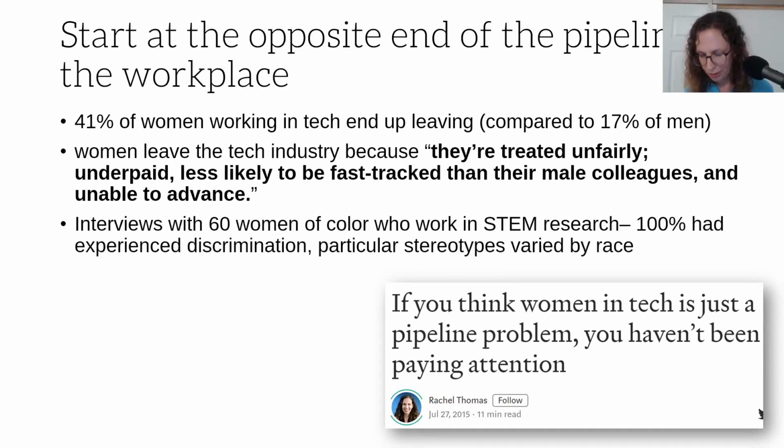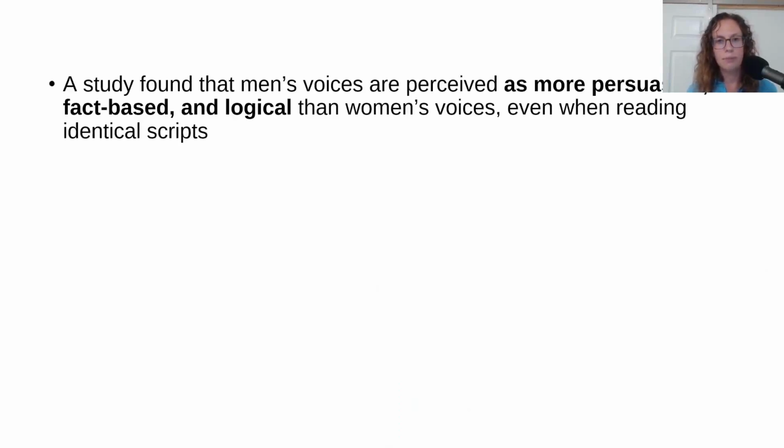And too often diversity efforts end up just focusing on white women, which is wrong. Interviews with 60 women of color who work in STEM research found that 100% had experienced discrimination, and their particular stereotypes varied by race. So I would say it's very important to focus on women of color in diversity efforts as the top priority.